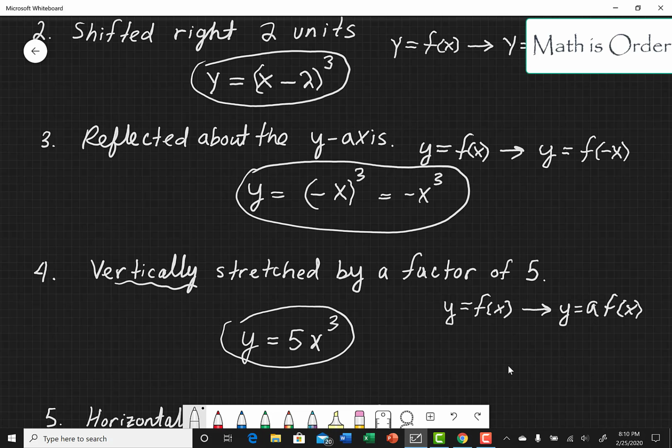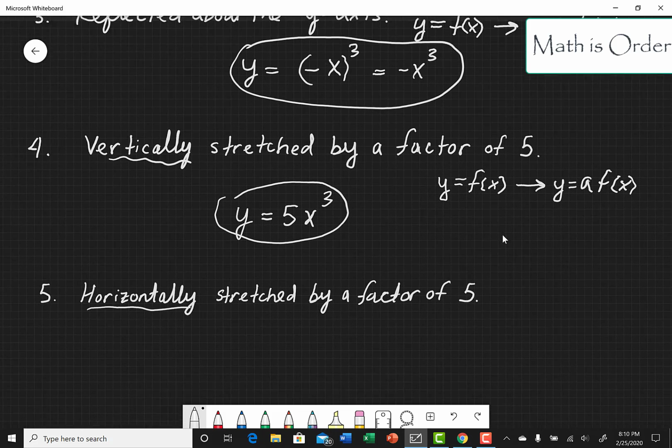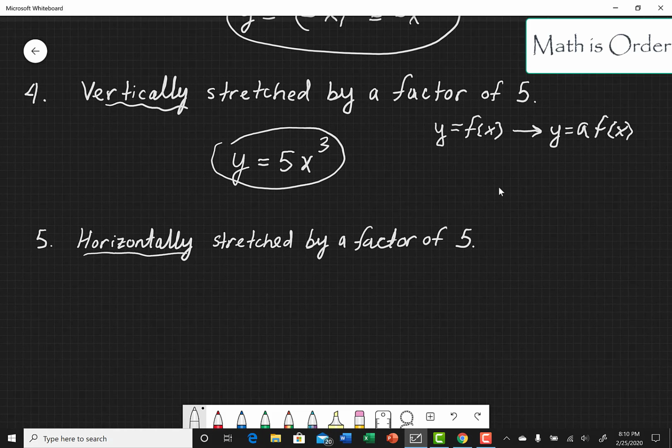All right, moving on to the next. What is a horizontal stretch by a factor of 5? Well, for a horizontal stretch, we take an original function, say y equal f of x, and when we do a horizontal stretch, the form of the function changes and becomes y equal f of ax.